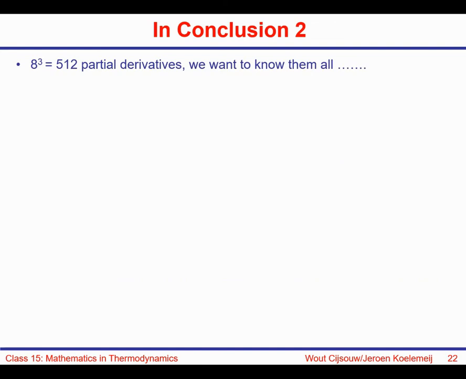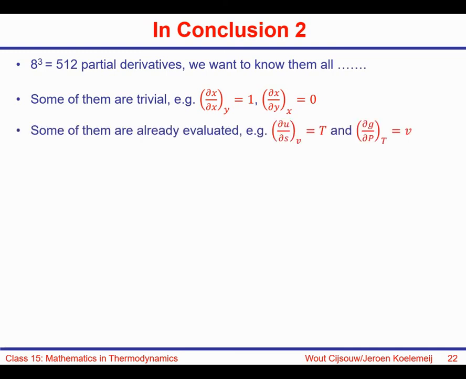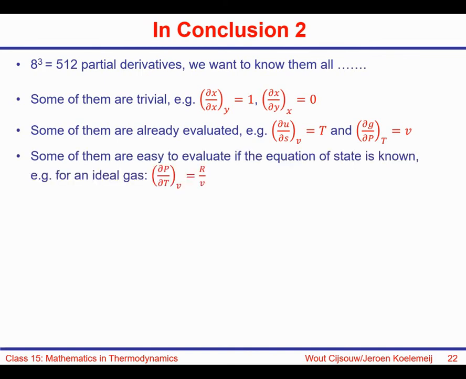And of course, we want to be able to find all of them. Now, some of them are trivial. dx/dx is 1, of course, and dx/dy is 0 if you keep x constant. Some of them we have already evaluated before, so we know them. Some others are easy to evaluate if you know the equation of state. For example, for the ideal gas law, this is easily found. But what about the roughly 500 other partial derivatives?